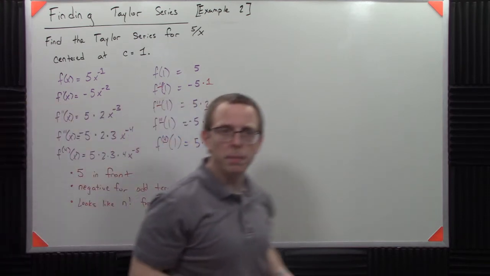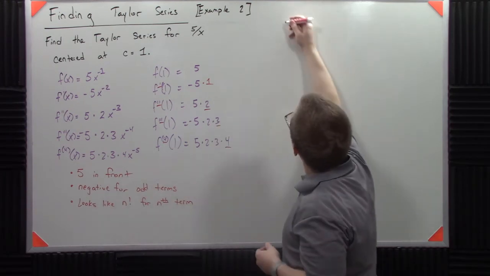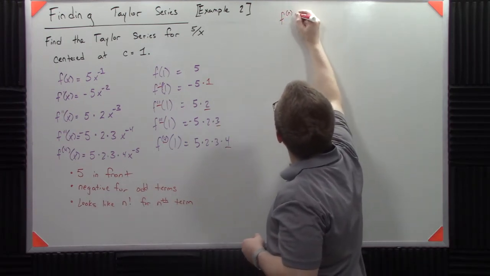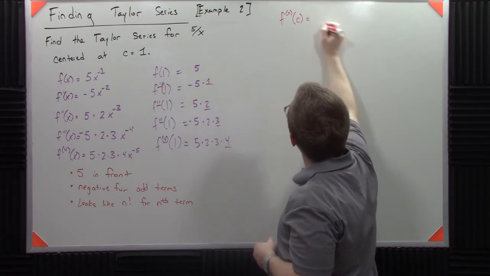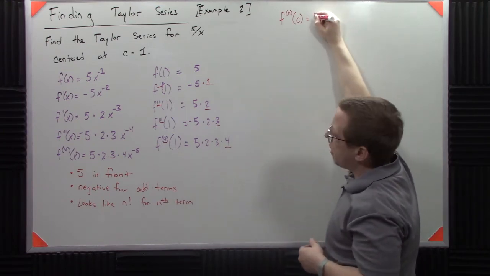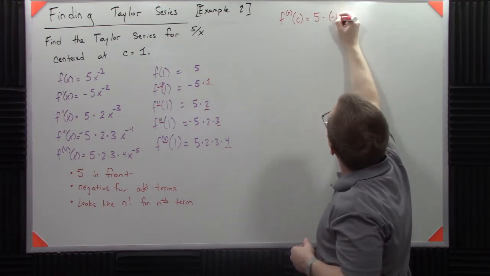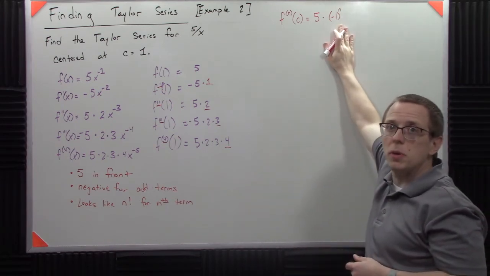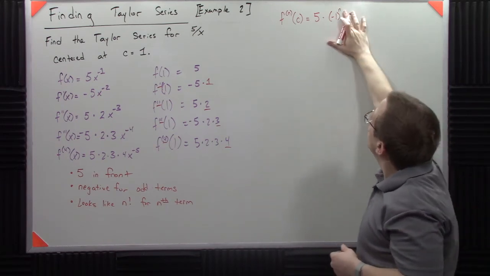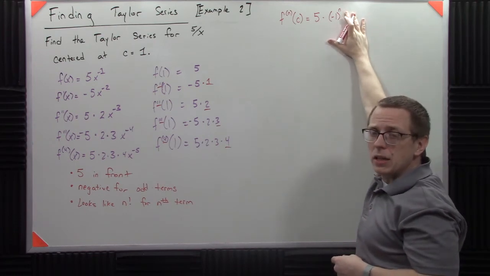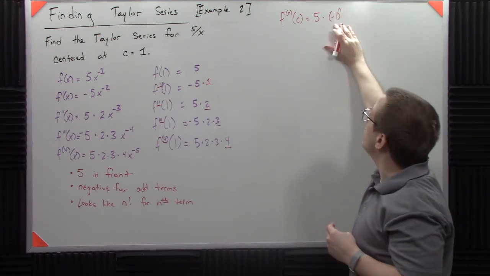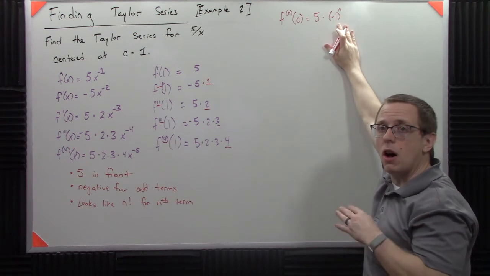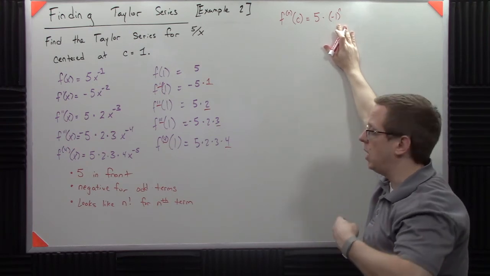I have 5 in the front. So it looks like f sub n at c has a 5 in the front. It's negative if n is odd. So that tells me I can write it as negative 1 to the n, because if n is even, those will cancel. If it's odd, it'll remain negative.